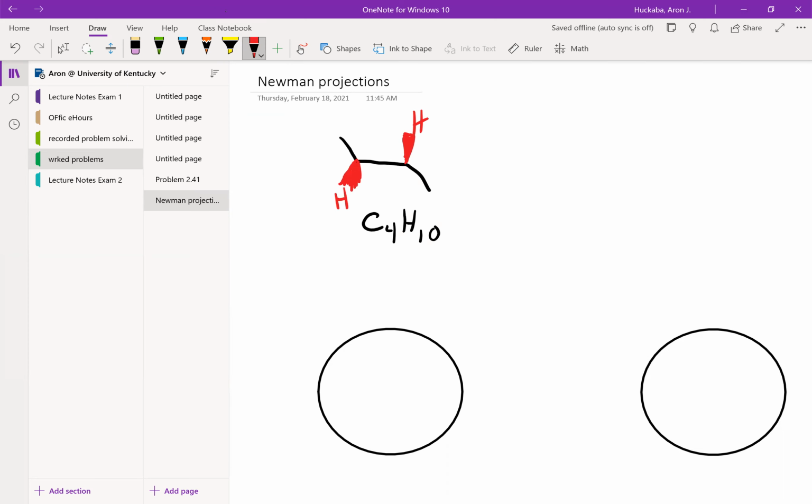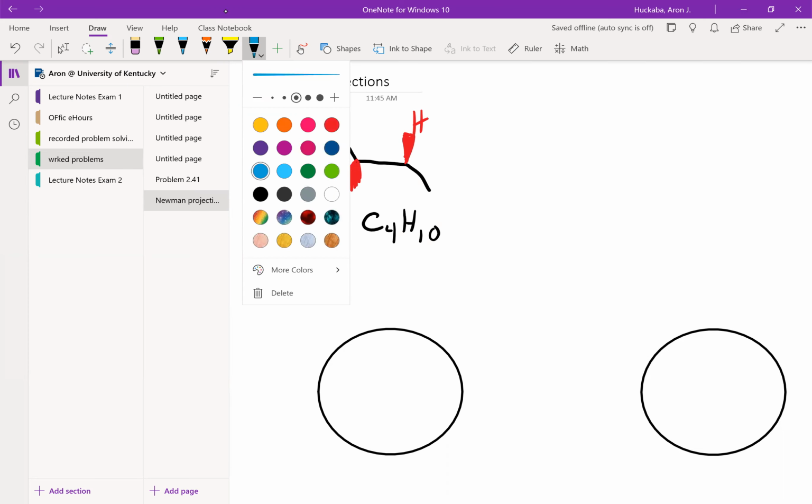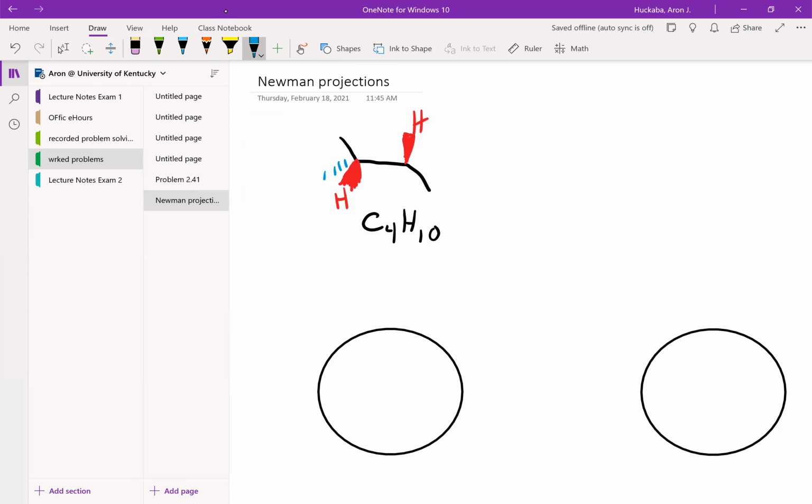And then you have some hydrogens on a dash as well, right? And this is to show us that the wedges are coming towards the viewer and the dashes are going away from the viewer, trying to show some 3D aspects of the structure that we've drawn there.